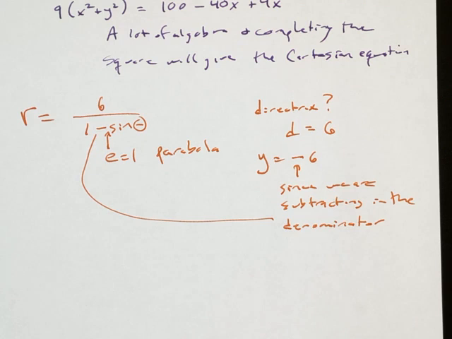Put in pi over 2. What do you get in the bottom there? And that means that it's undefined at pi over 2. Our parabola doesn't have a point up there, does it? It goes out to the left, it goes out to the right, it never goes up.